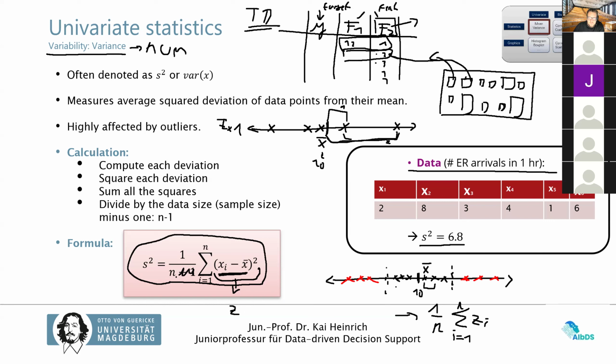The problem is, what you see here, I had the right-hand side, so you can see this formula. If I take this one and subtract the mean, everything on the right-hand side will be positive because these values are larger than the mean, but everything here will be negative.